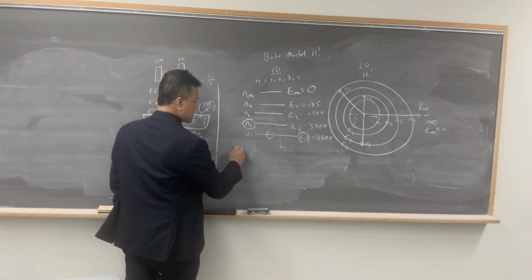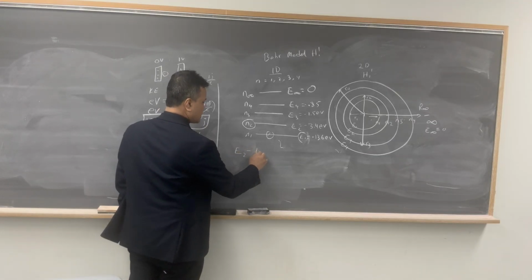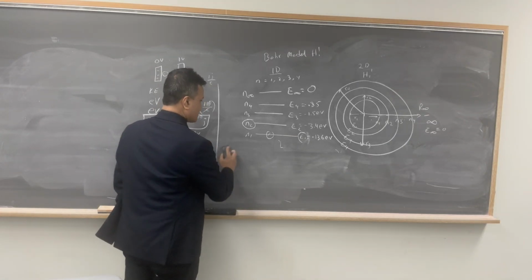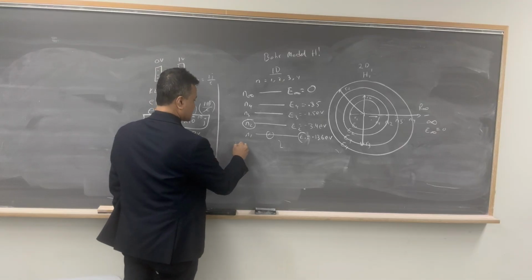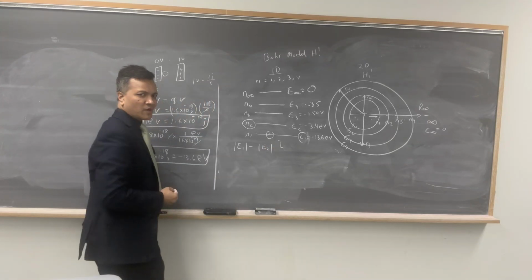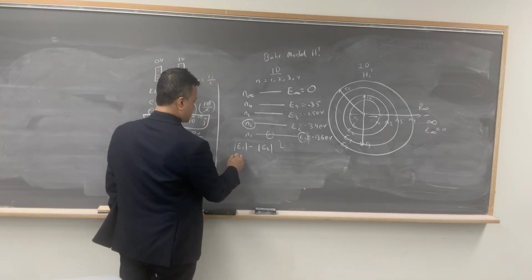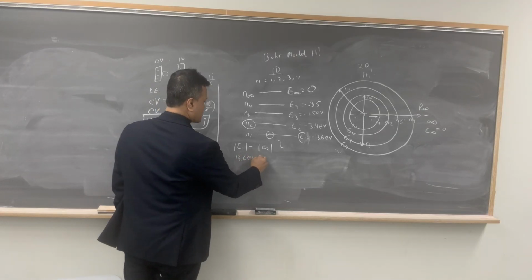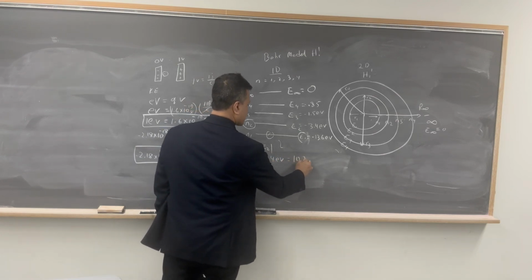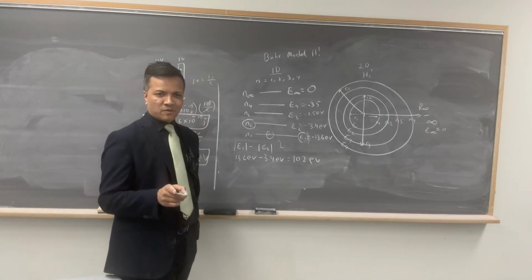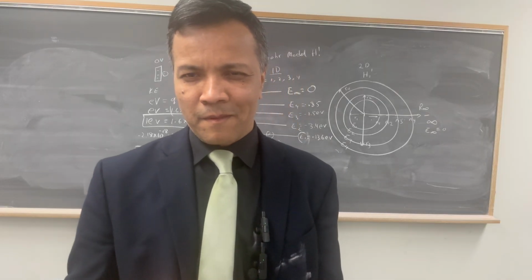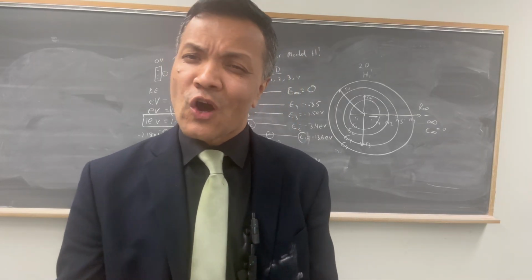That would be E2 minus E1, or the absolute value of E1 minus the absolute value of E2. The absolute value of E1 is 13.6 electron volt, and the absolute value of E2 is 3.4 electron volt. So this is 10.2 electron volt. If you are an electron and you absorb 10.2 electron volt, you can jump up from n1 to n2, and so on.